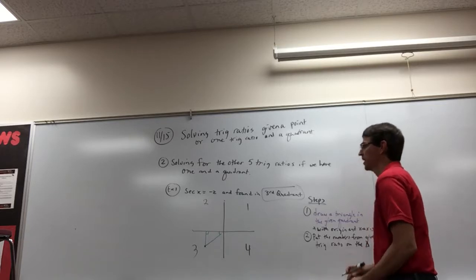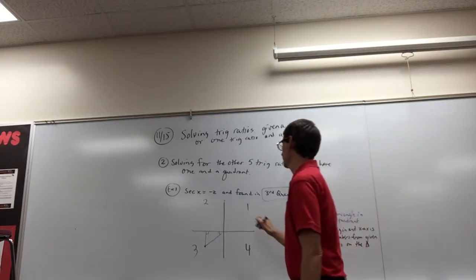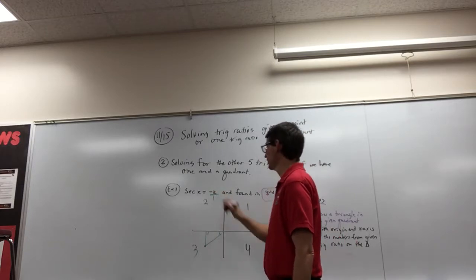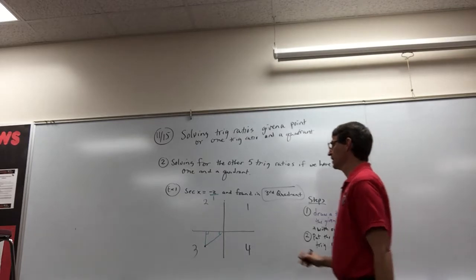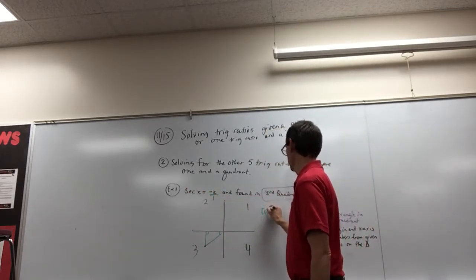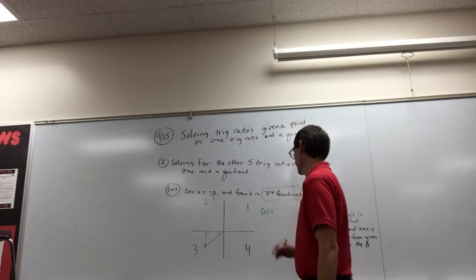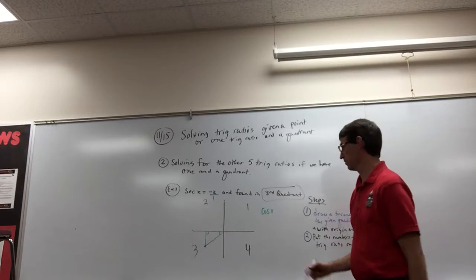Now, because my trig ratio that I'm given is secant, I have to put it over 1 so I have a fraction because I don't have a fraction yet. And I need to remember that secant goes with cosine. And because it goes with cosine, the secant, I need to flip that fraction to get what cosine is.